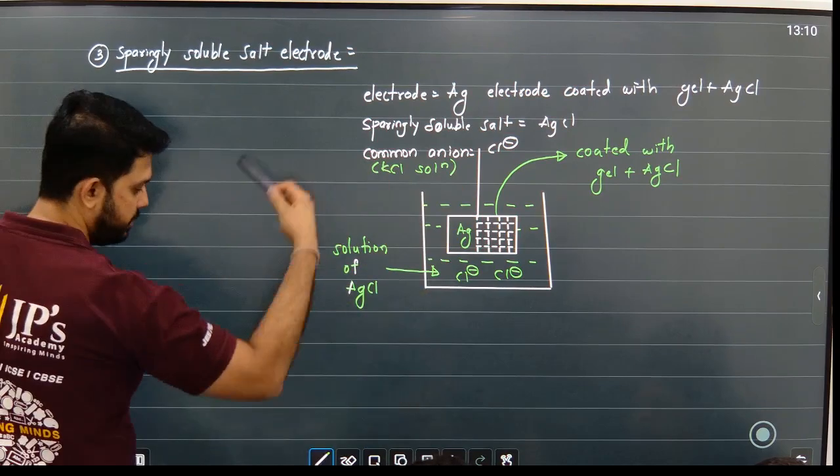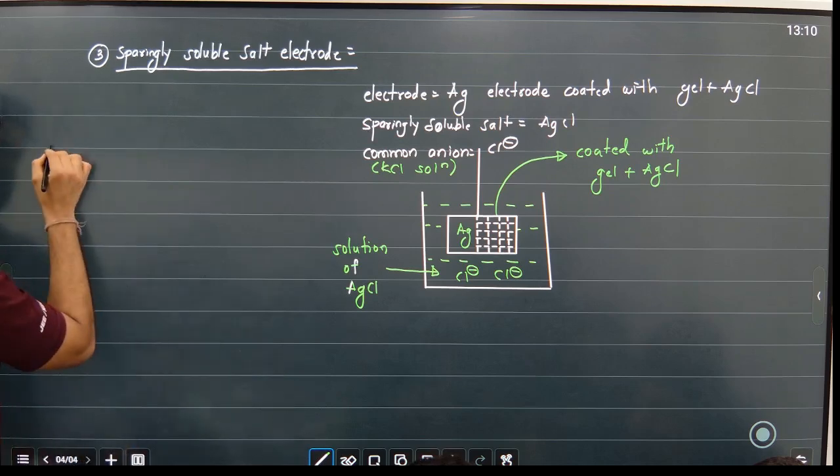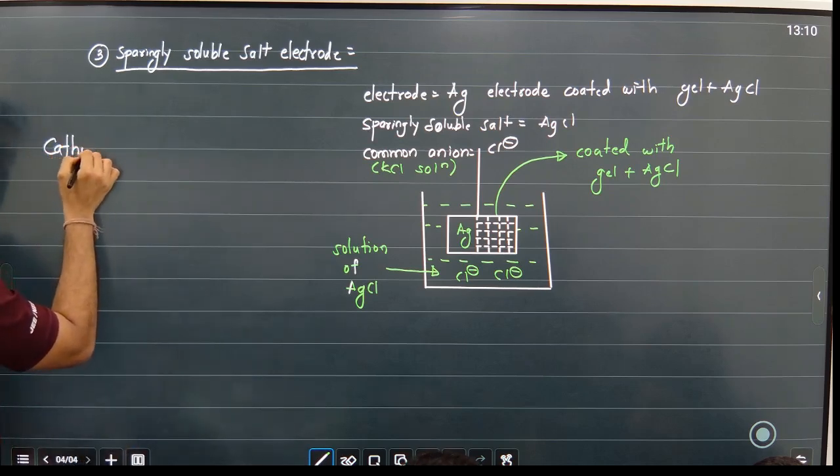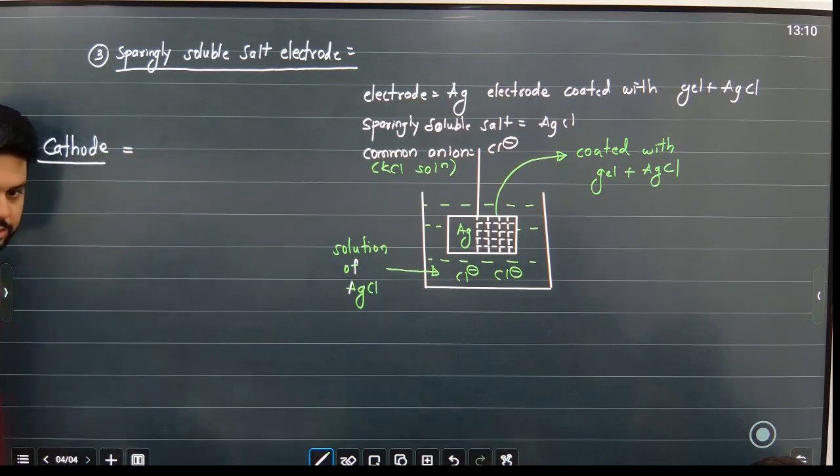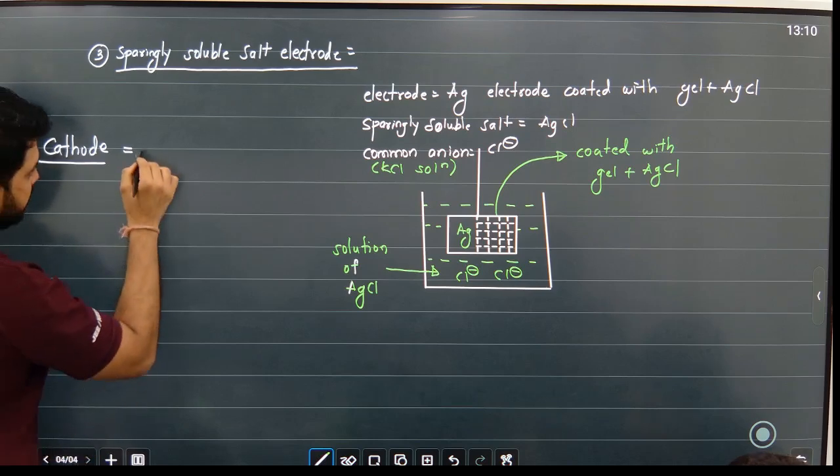Now when this behaves like a cathode, क्या होता है? Try to understand this. Cathode means what process will take place over here? Reduction.